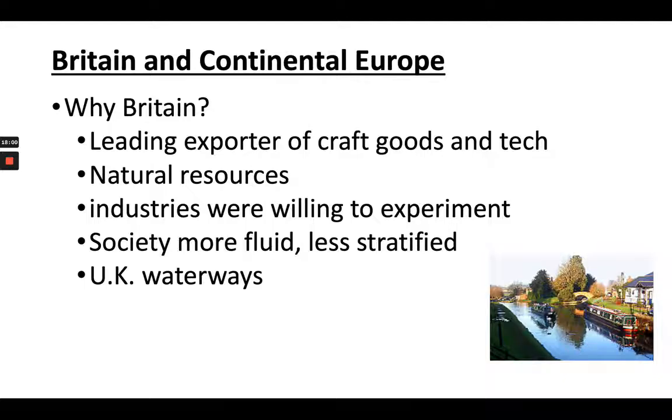You also see that over time, the revolutions in continental Europe will sweep away some of the restrictions of the old aristocratic regimes, allowing for more industrial growth. So basically, other than the simple geography of it, England's social and political system was just more conducive to inventiveness than continental Europe's was.